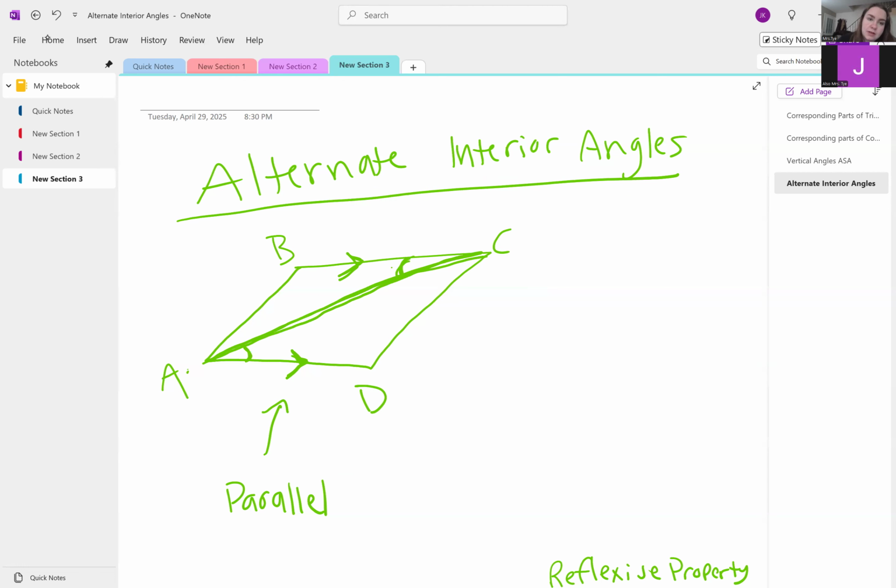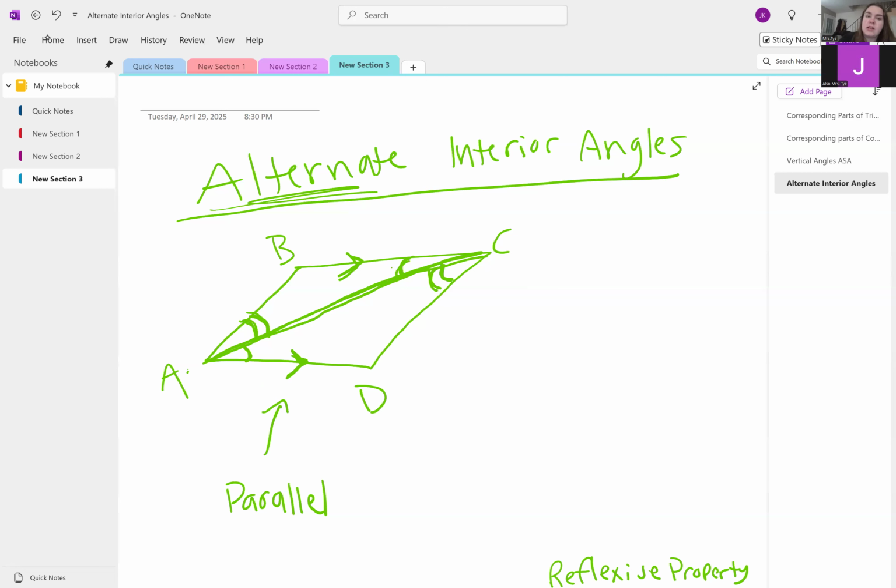Those are the same measurements. Okay. And that's why we call them alternate, because they're kind of alternating which side they're on. So those are the same measurement. And then the ones here, so if I look at this one here, that's also the same as this one here. Again, notice that they're on opposite sides of the triangle.